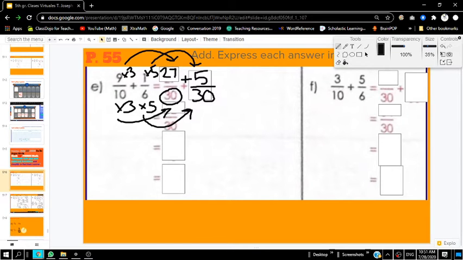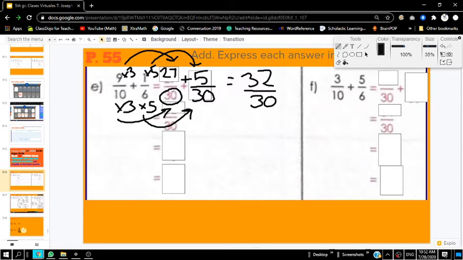All right, now what I'm going to do is just add the numerators, 27 plus 5, which is 33. I'm sorry, 32. Okay, now I have 32 on the top and I have 30 on the bottom.